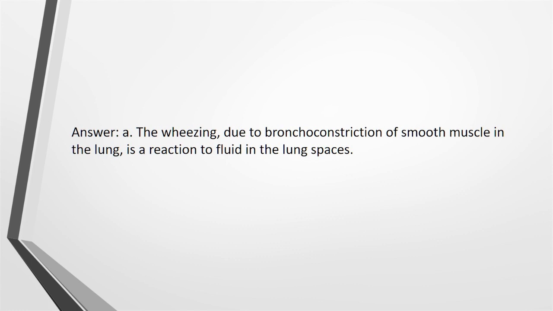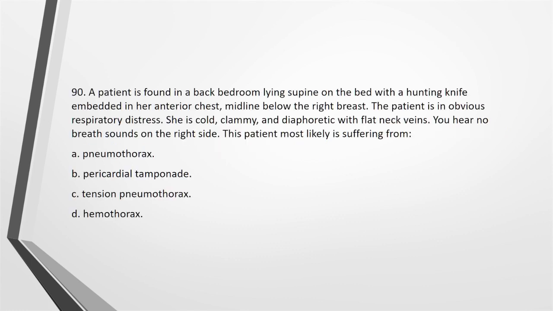A. The wheezing, due to bronchoconstriction of smooth muscle in the lung, is a reaction to fluid in the lung spaces. 90. A patient is found in a back bedroom lying supine on the bed with a hunting knife embedded in her anterior chest, midline below the right breast. The patient is in obvious respiratory distress. She is cold, clammy, and diaphoretic with flat neck veins. You hear no breath sounds on the right side.